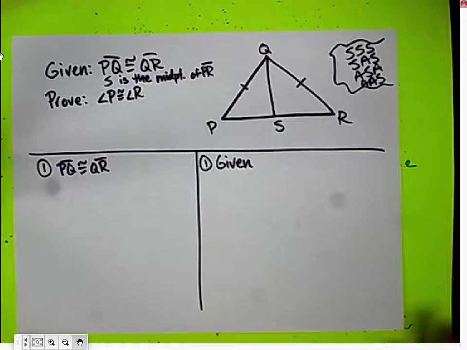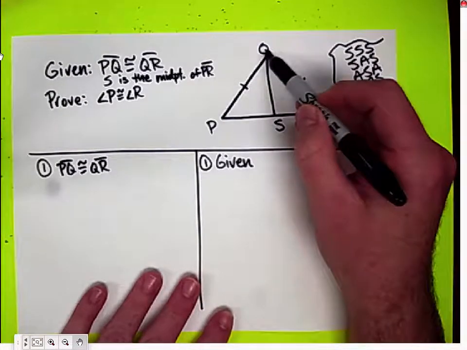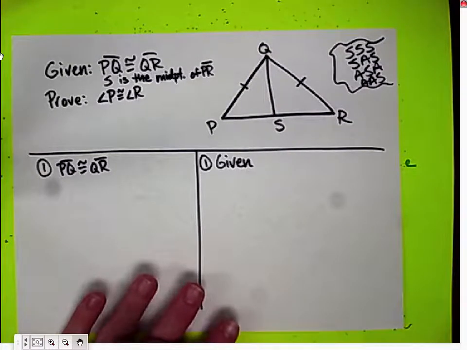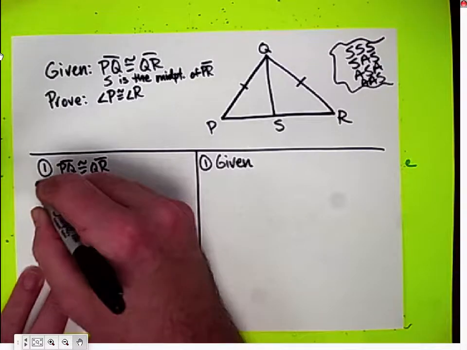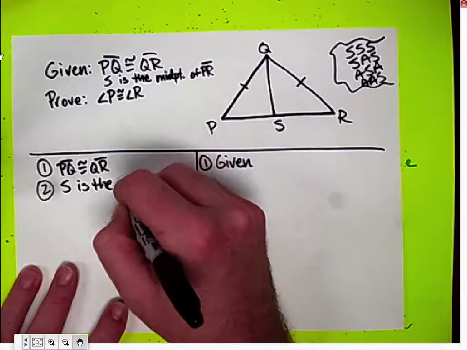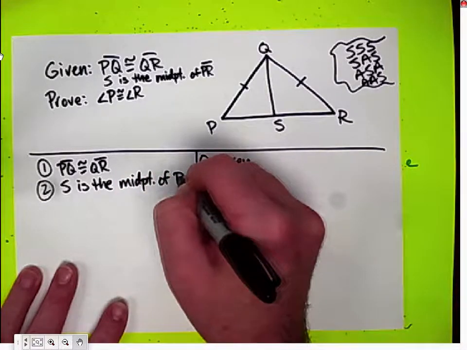So we really got this isosceles triangle that we're worried about, but I'm going to draw a line down the middle that goes to the midpoint of PR. So that's also another given: S is the midpoint of PR.